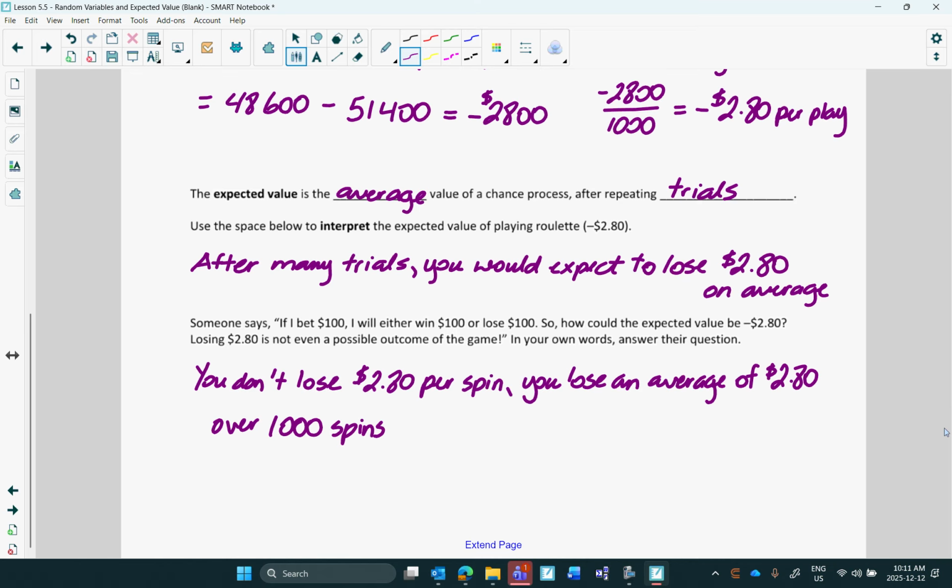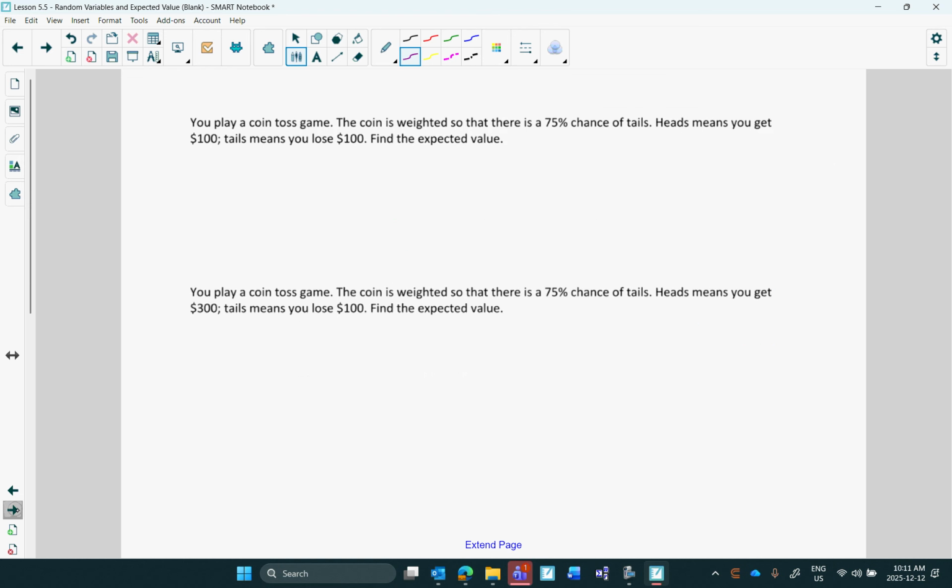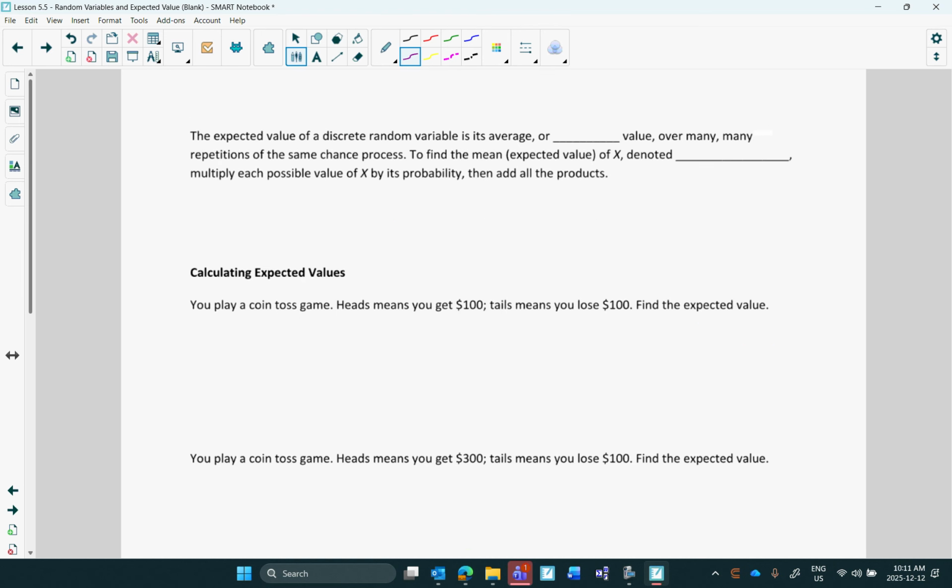Okay, so how do we calculate expected value? Well, the way we did with that example, we took all the probabilities that were possible times their payouts, right? There were only two possibilities in the previous example. So we took the probability of winning times its payout of 1,000.